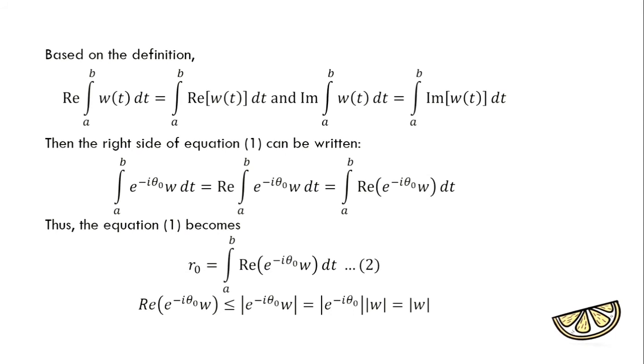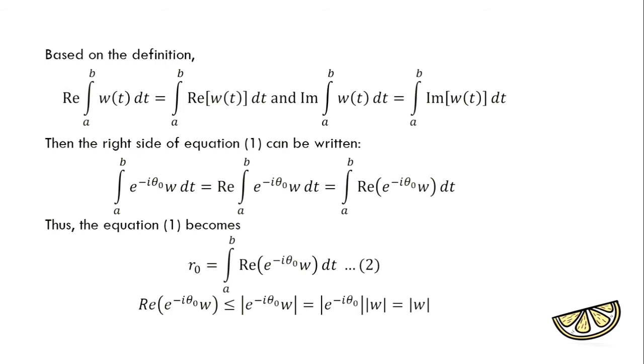Based on the definition, the real part of the integral of w(t) dt from a to b equals the integral of the real part of w(t) dt from a to b, and the imaginary part of the integral of w(t) dt from a to b equals the integral of the imaginary part of w(t) dt from a to b.